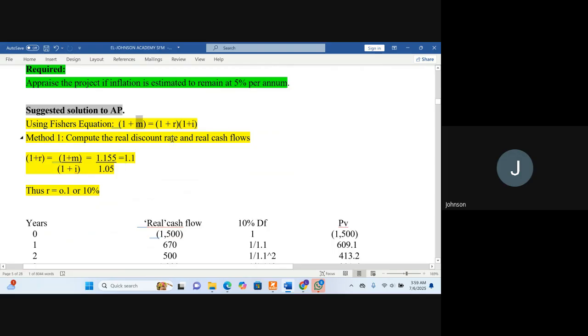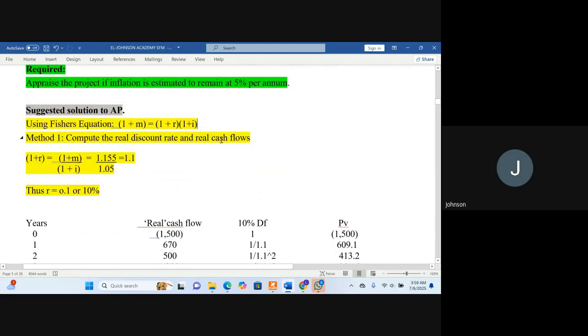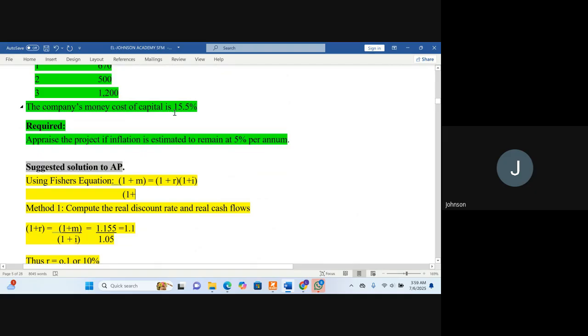So when we do it mathematically, let me do it here for the benefit of those that are just joining. We now say 1 plus our money cost of capital. The money cost of capital that they gave us in the question is 15.5%.